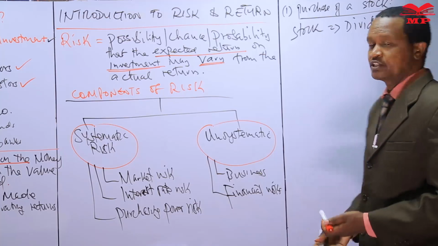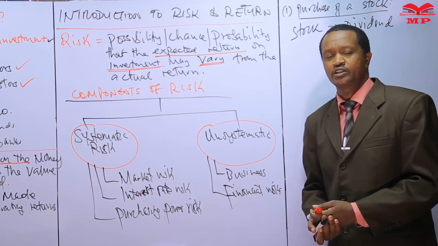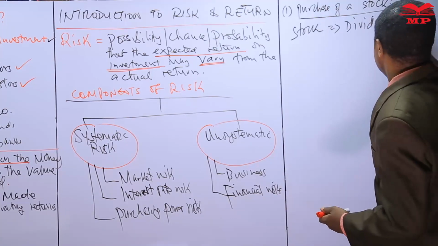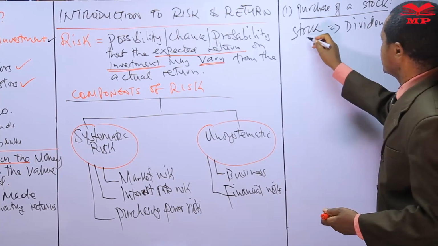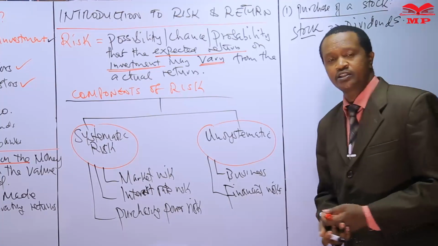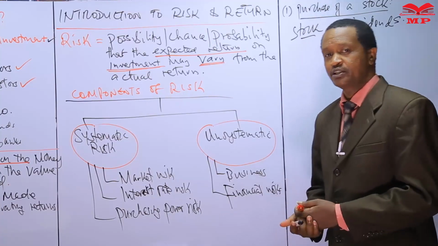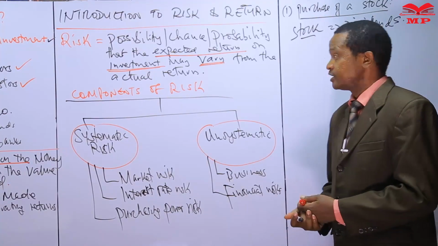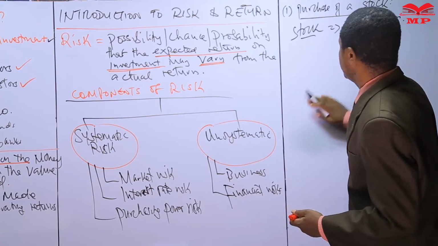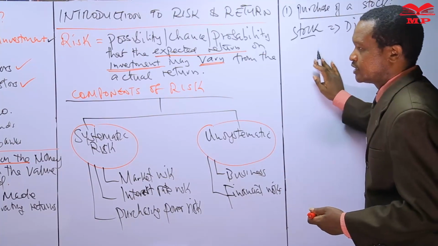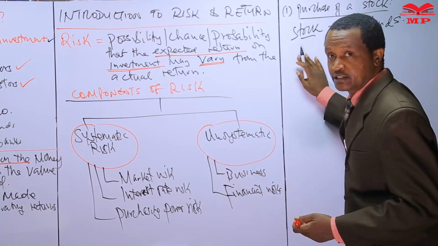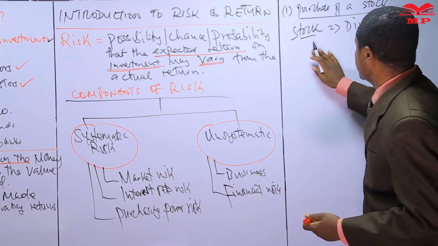The reason why an investor may buy shares is so that he may be paid dividends. Then, over and above the payment of dividends on periodic basis, an investor may buy a share with anticipation that the value of the stock will increase.